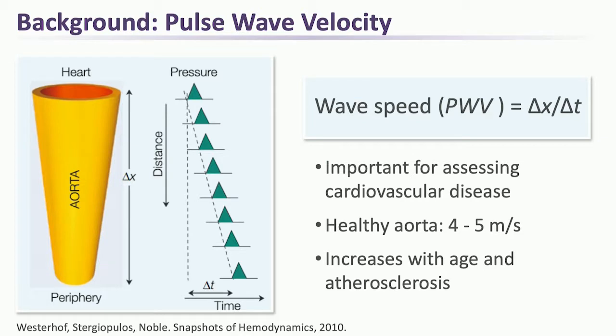Pulse wave velocity is important for assessing cardiovascular disease. For a healthy aorta, you're going to see pulse wave velocity measurements between 4 and 5 meters per second, and this has been shown to increase with age and atherosclerosis.